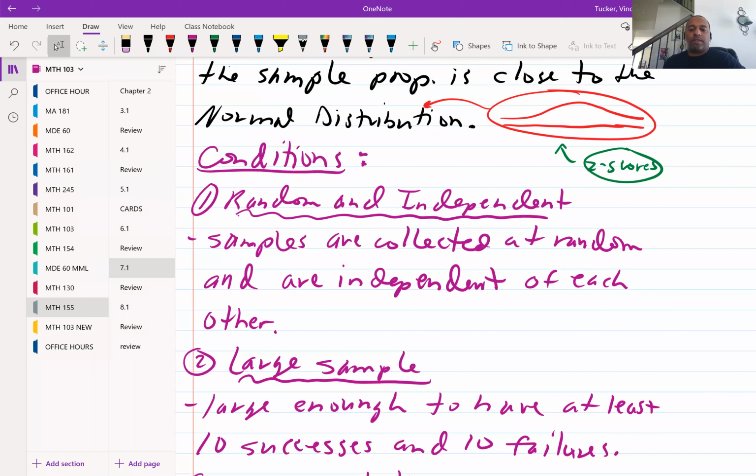Then we need to have a large enough sample size. So your sample has to be large enough to have at least 10 successes and 10 failures.